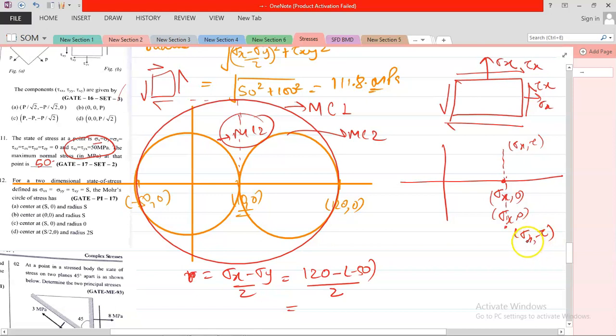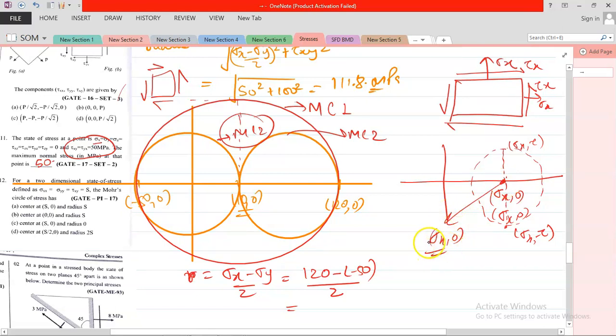Okay, now you need to draw the Mohr circle for this. So if you draw the Mohr circle, this is your Mohr circle. The center is of course at sigma x comma 0.